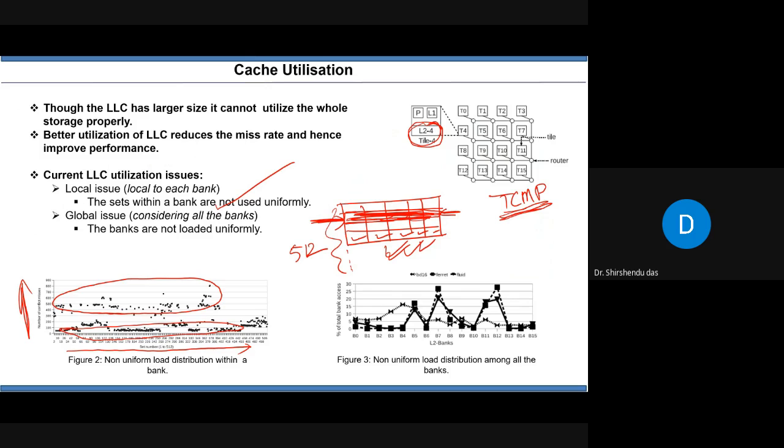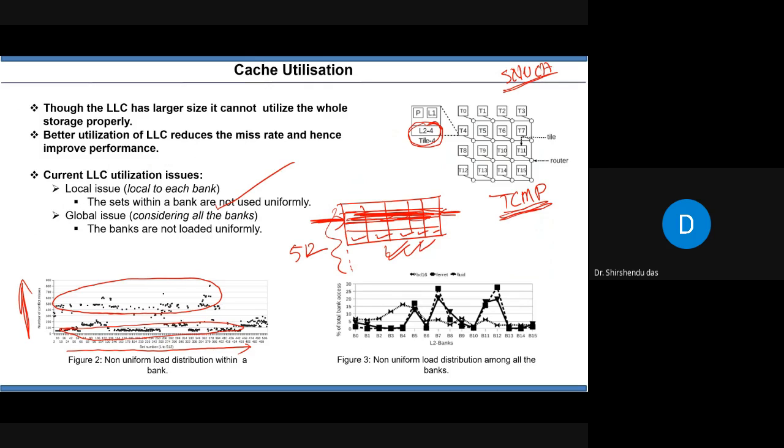As I said, in the SNUCA policy, like a set index, we first fix the bank based on the bank index, and then we map the block to a particular bank. If we follow this type of fixed index in SNUCA, it may be possible that some banks will be heavily loaded and other banks are idle.